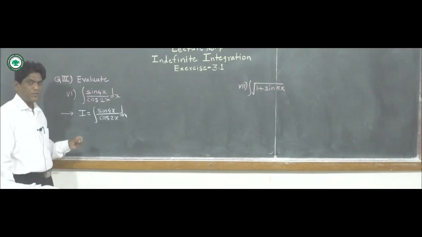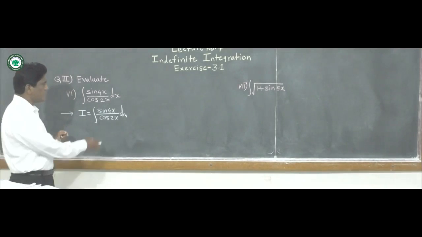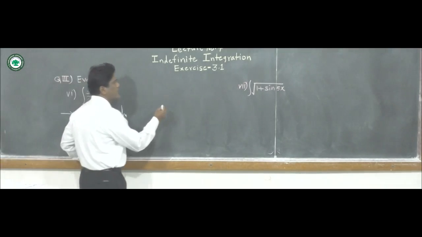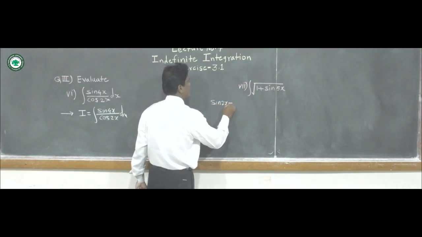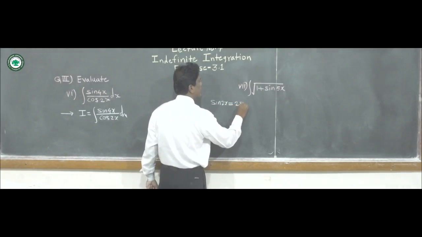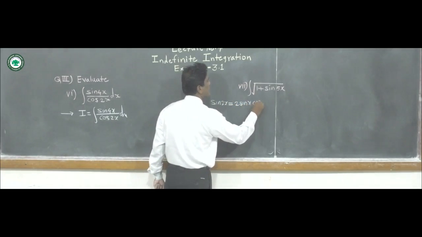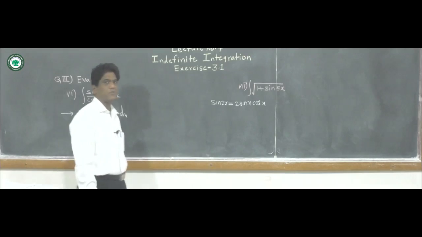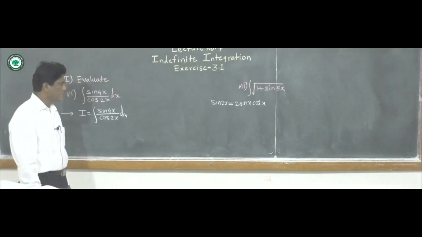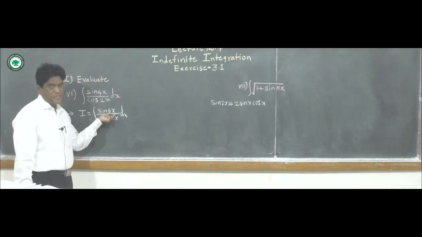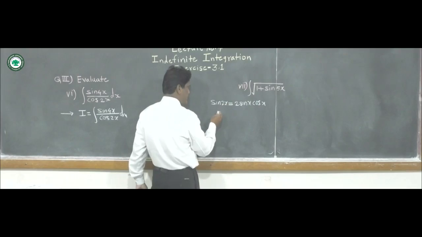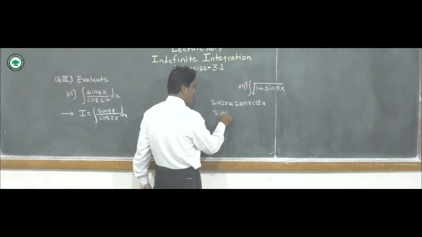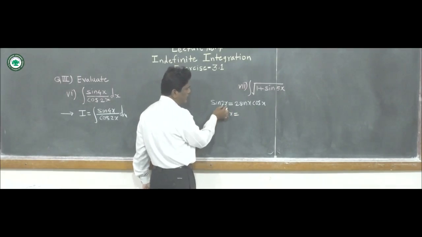What are the formulae for sin of 2x, cos of 2x, etc.? Here we use the formula of sin of 2x. Sin of 2x is equal to 2 times sin x cos x. This is the formula. Now here in sin of 4x the angle is 4x, so we replace 2x with 4x.